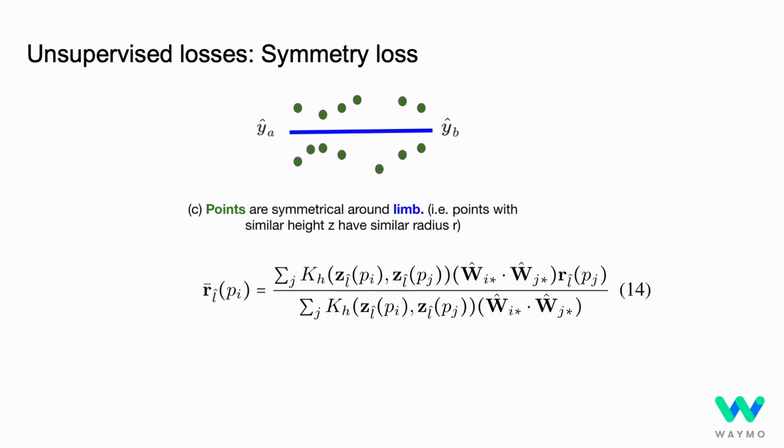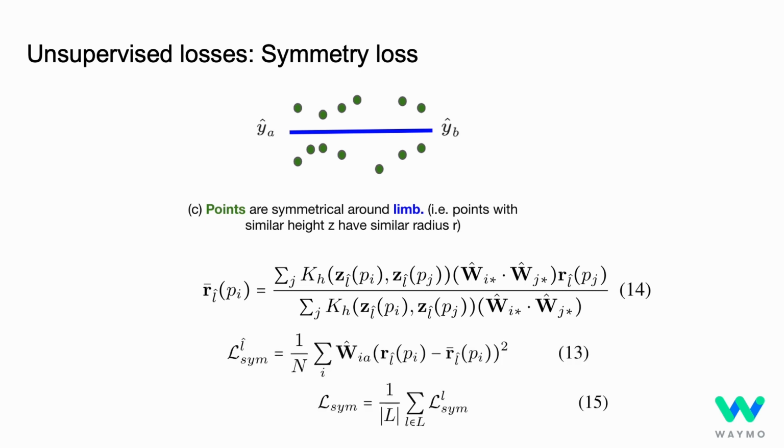Having this conditional density, we compute expected radial coordinate for lidar points with the same axial coordinates. The symmetry loss then measures how far away each lidar point is from its expected location. It ensures that points with similar z values have low variance of the radial distance, or in other words, points should roughly lie on a rotation surface.